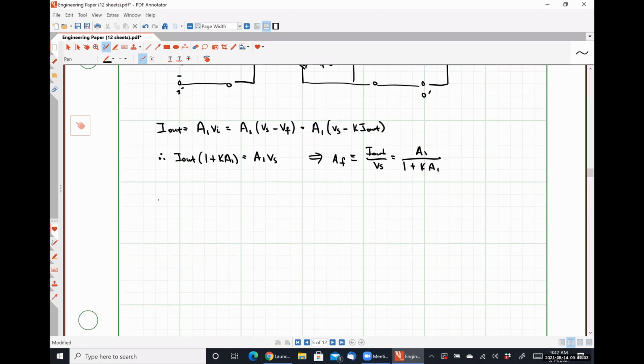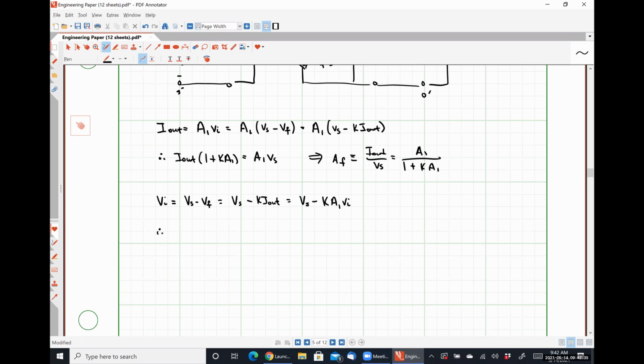So VI is equal to VS minus VF, which is VS minus K·I_out, which is VS minus K·A1·VI.